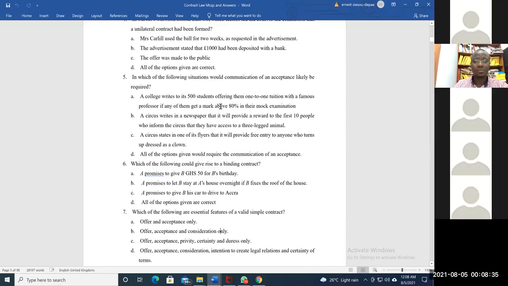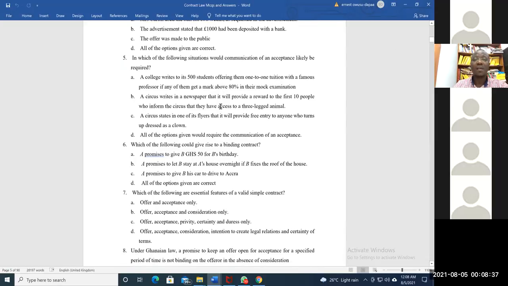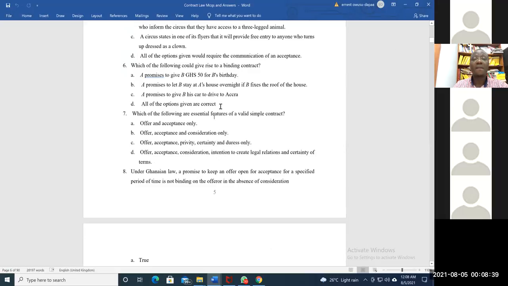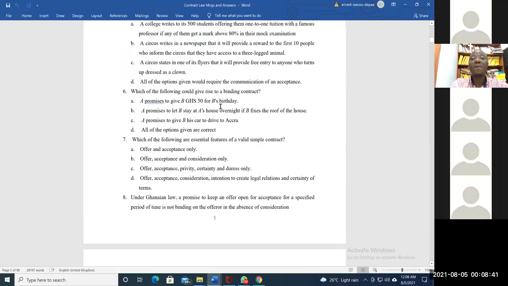I have a problem with choosing B as the right answer in this case. I thought that it would have been A. Even if you get over 80% in the class, you can still opt to be taught by the professor or not.